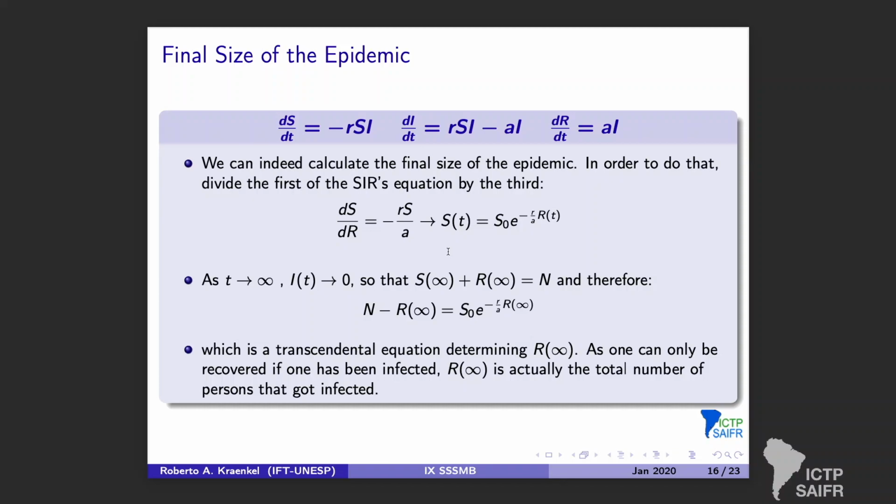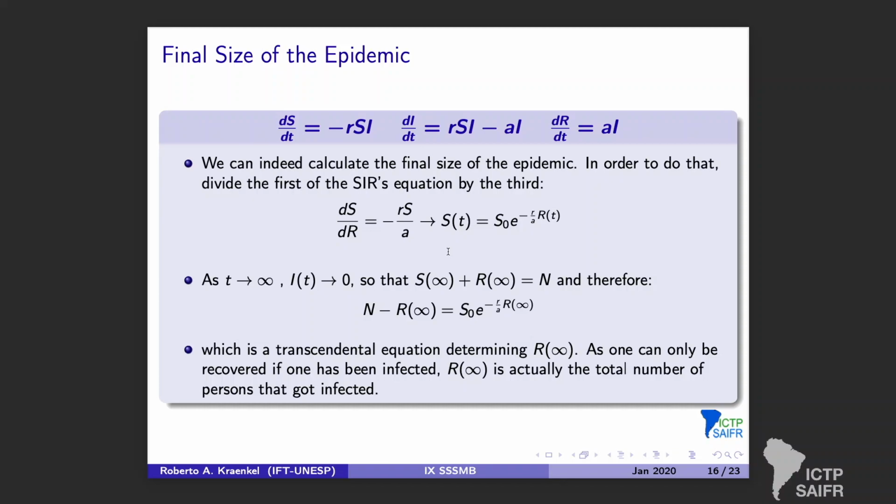And for the final size of the epidemic, there is a phenomenon, if you want, called overshooting. I mentioned it with COVID, it's more like 85%, I said 60, it's 85%.